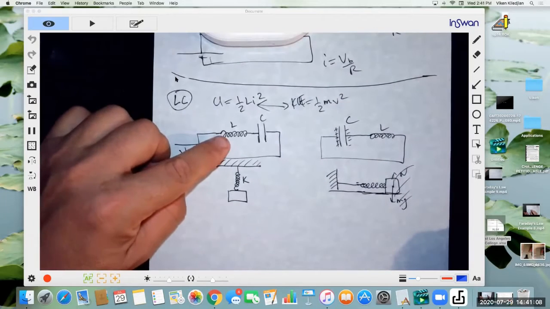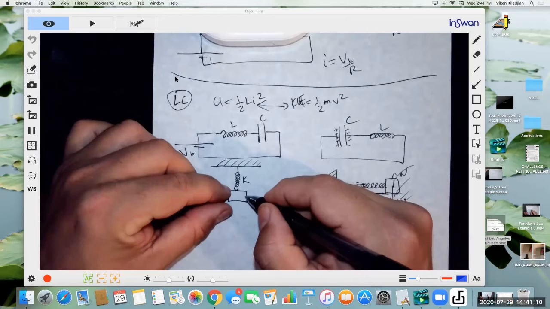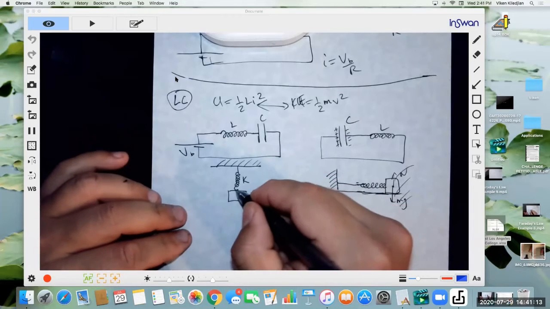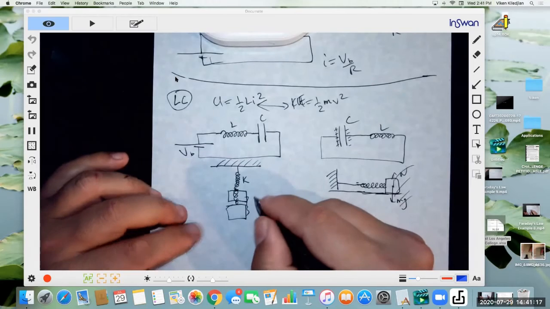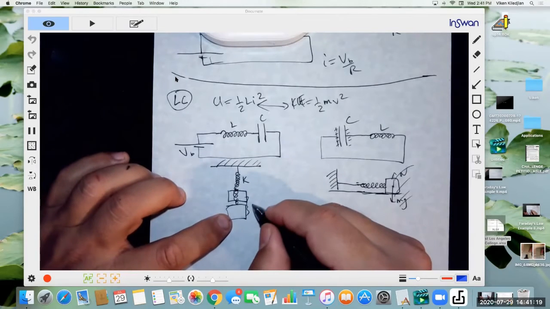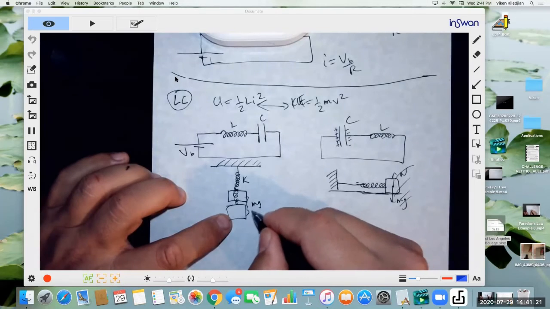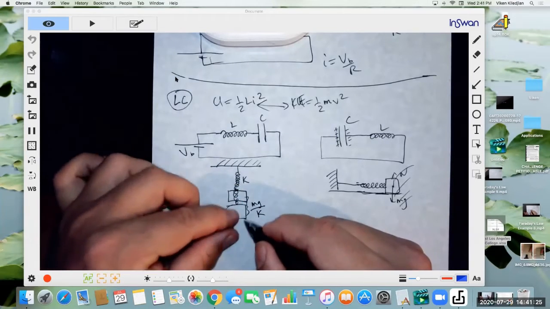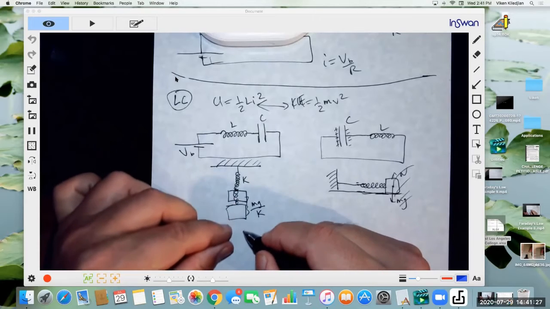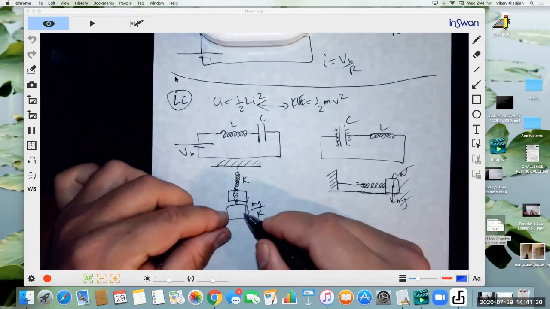Now, how is this different? This one is gonna stretch because of gravity. And the stretch amount is gonna be what? mg over k. But on top of that, it's gonna oscillate around that new stretch position.